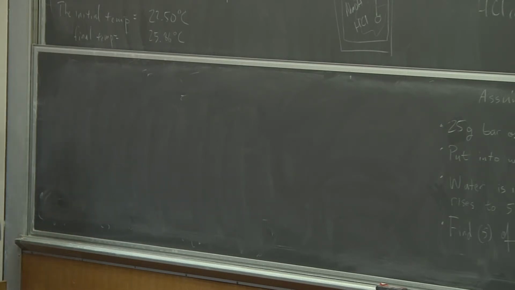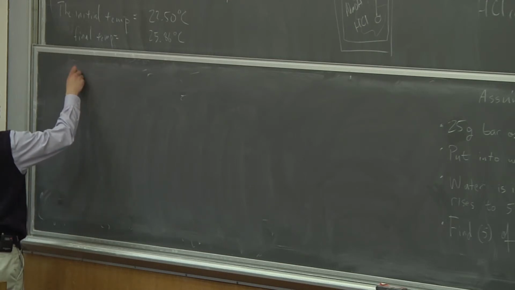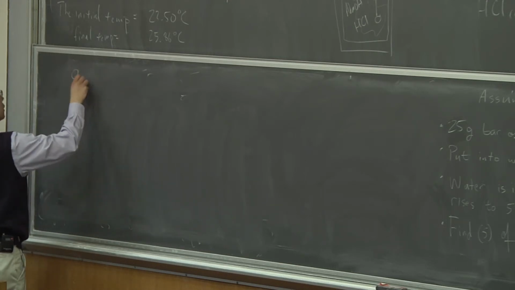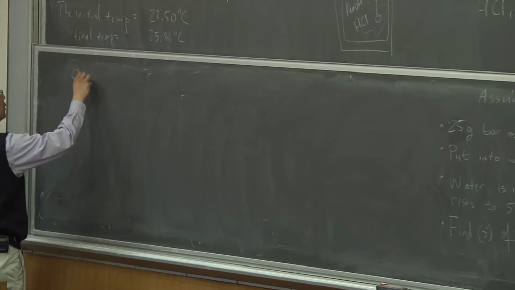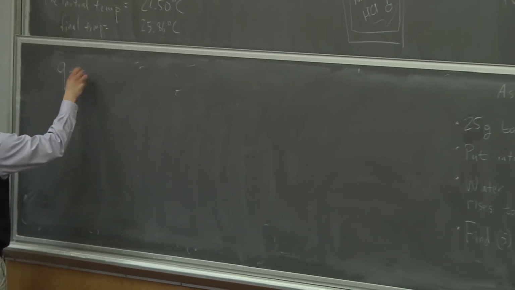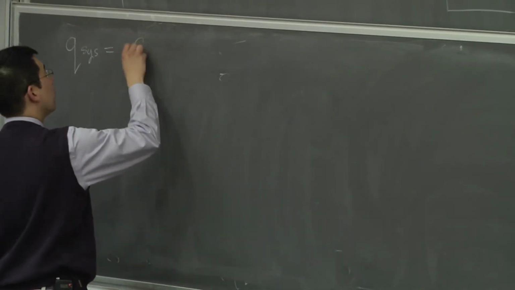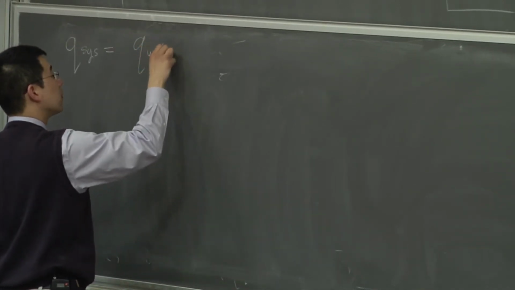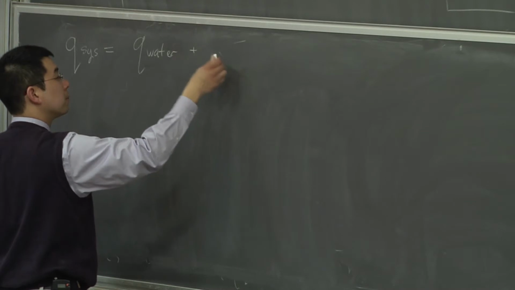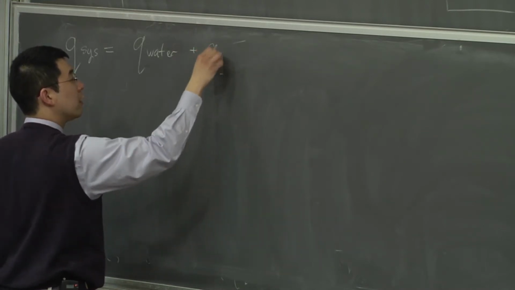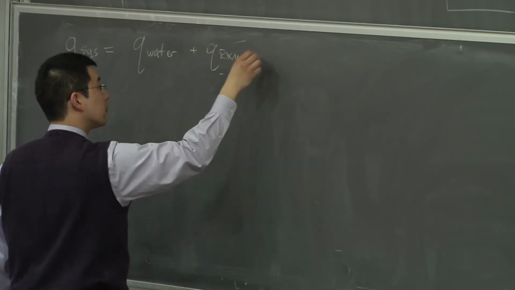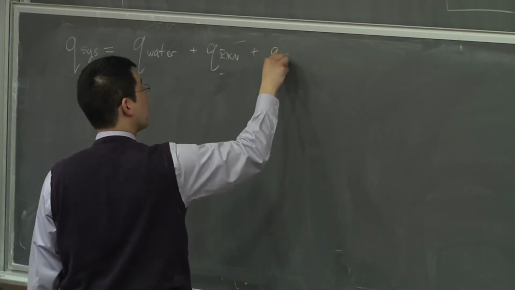So where are we going to start? We're going to start by saying Q of the system equals Q of the water plus Q of the reaction plus Q of the calorimeter.